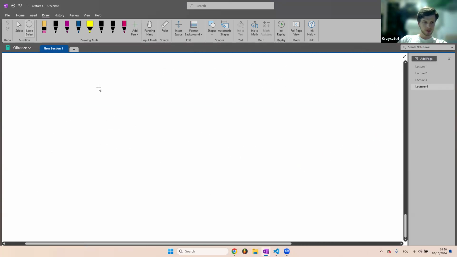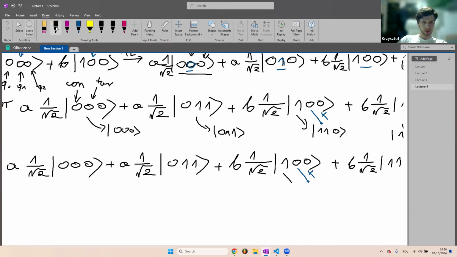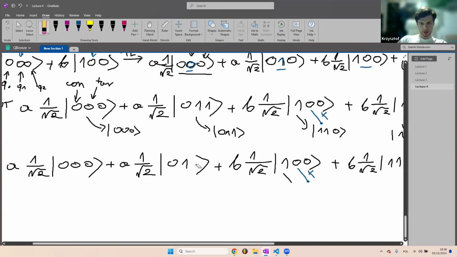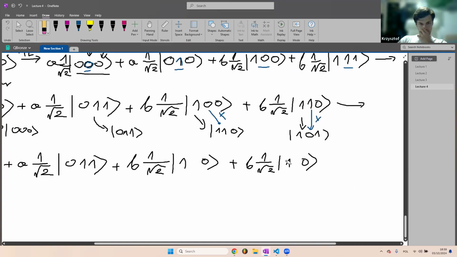Okay, so let's remark the states of the qubit as we said earlier. This actually stays the same. But now these states are different. This is changed, and this one is also changed. But I think I'm somewhere wrong here.